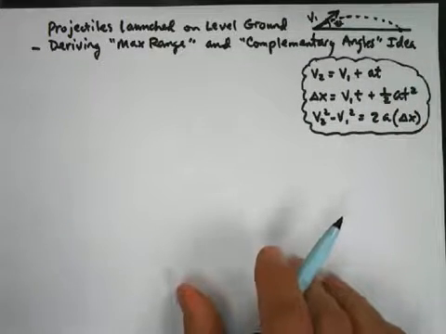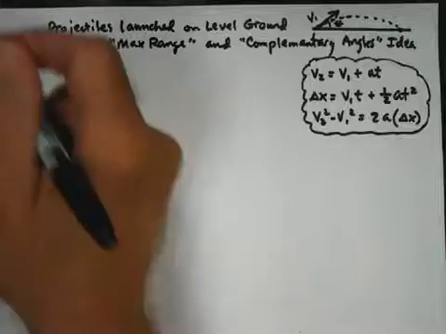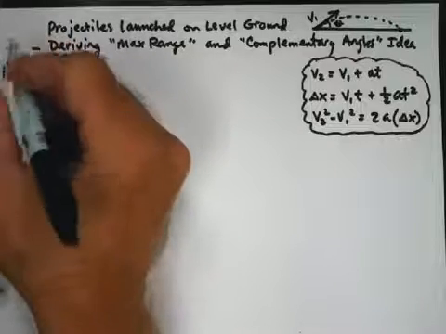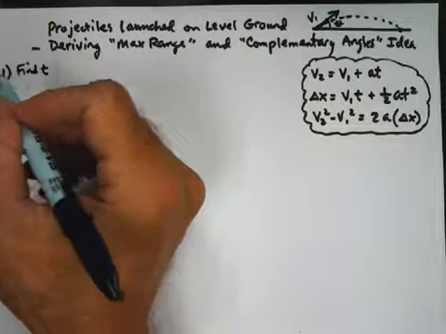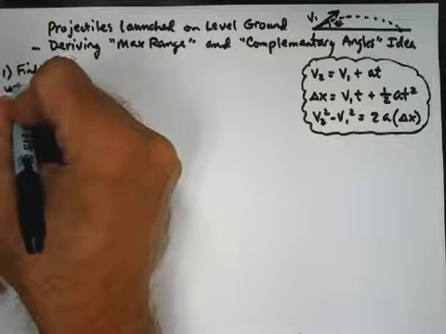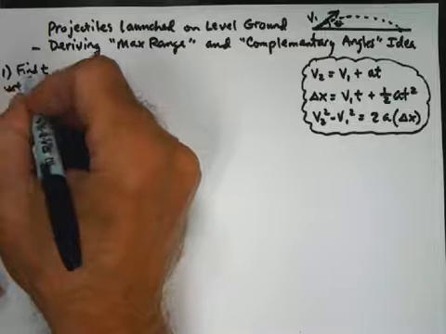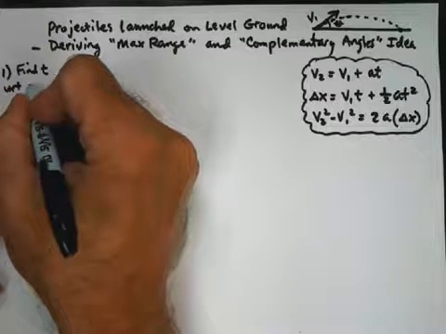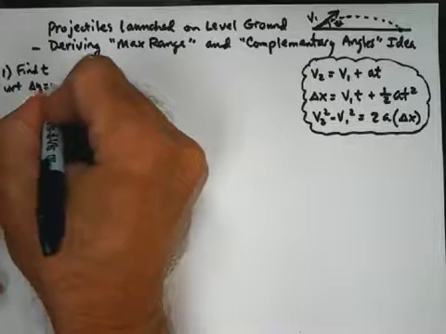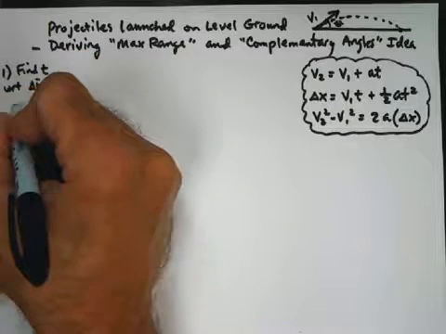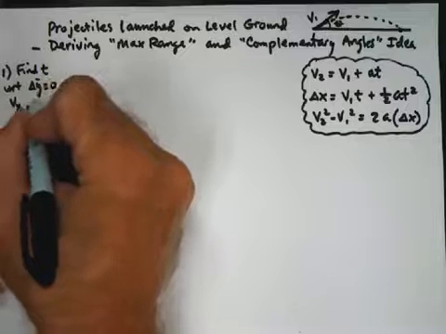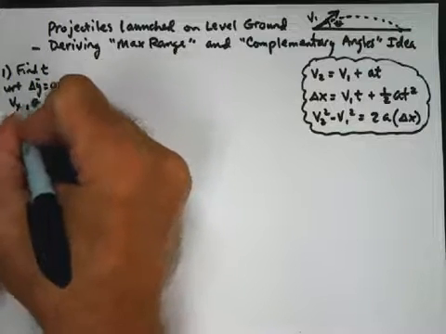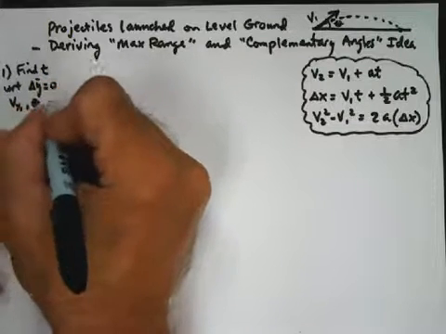So my first step here would be to find the time with reference to our delta y equals 0, and with reference to Vy1, also theta, or V1 I should say, and then theta, and also in terms of gravity g.